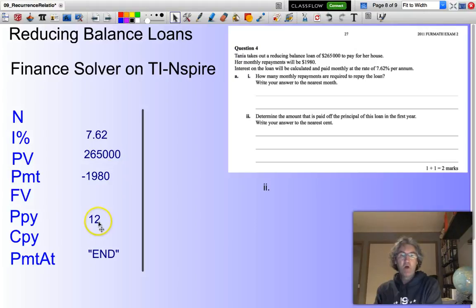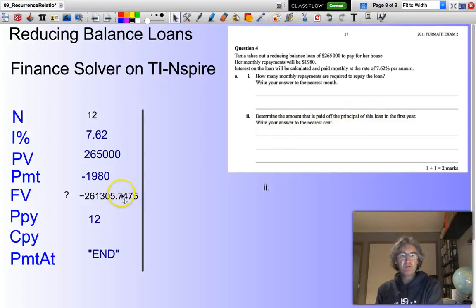Now, I'm being asked to calculate the future value, and the future value is going to be after 12 months, because I'm being asked for the first year. If I put those values in my calculator, I'll end up with a future value of just over $261,000. Now, the question going back is, how much is paid off the principal?